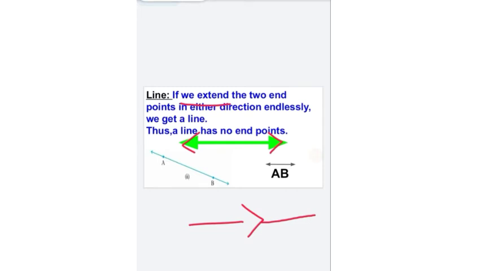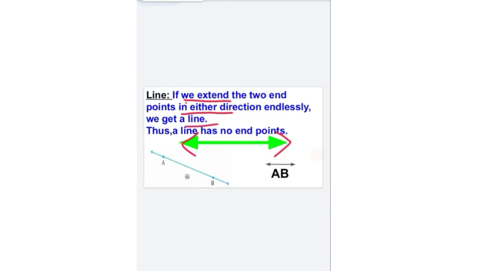By definition, if we extend in either direction endlessly, then we can call it a line.